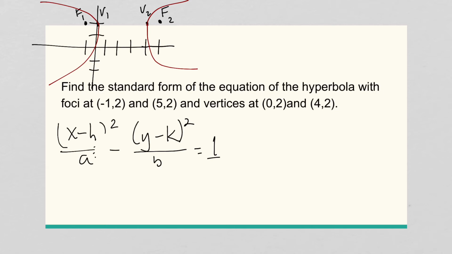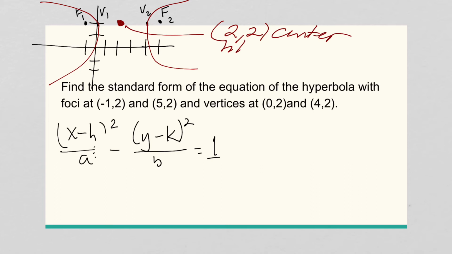How am I going to get this center here? Think about it. It's got to be in the middle between these vertices. So these vertices are 4 distances apart, right? So that means it must be right about here. So that is at 2, 2. Yes, 2, 2 is my center.